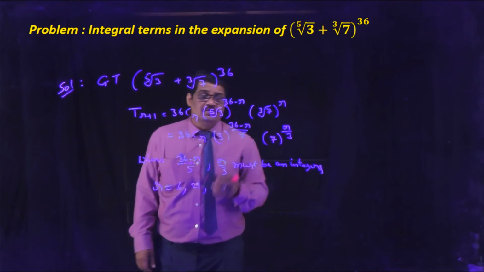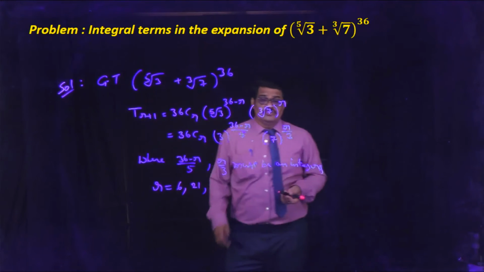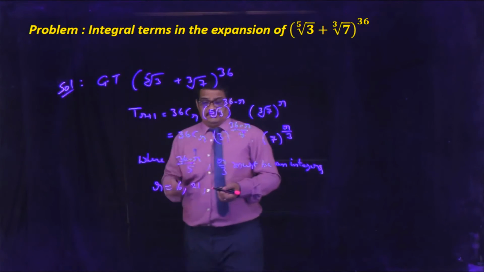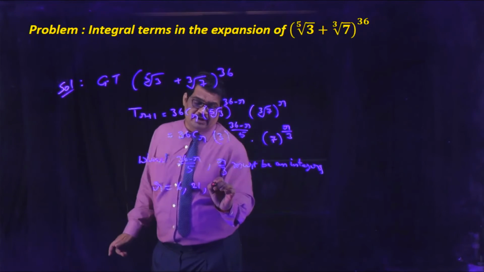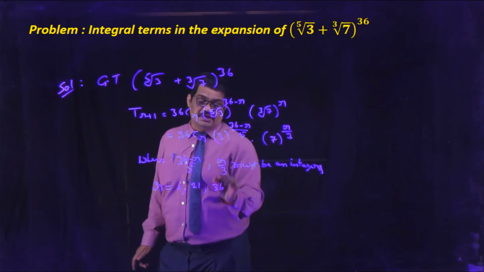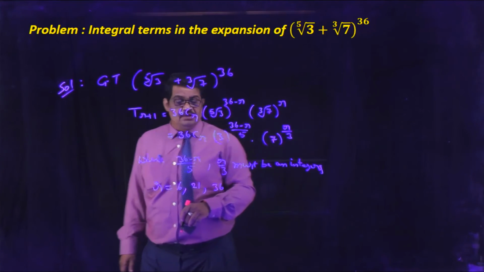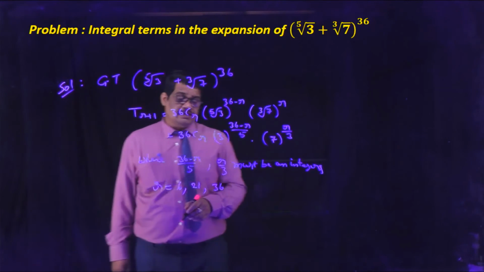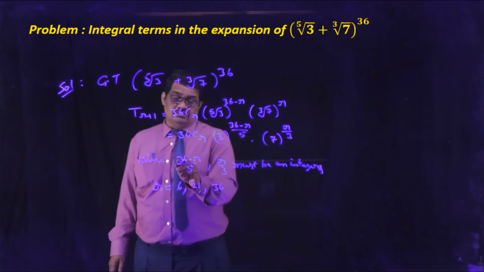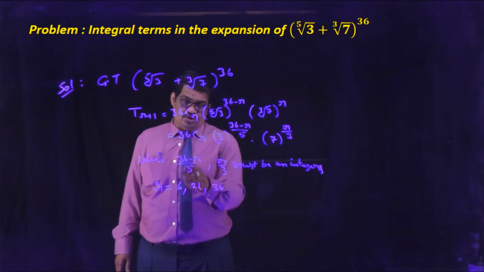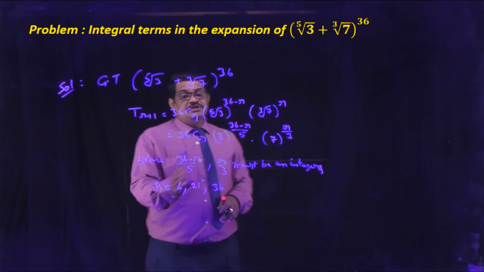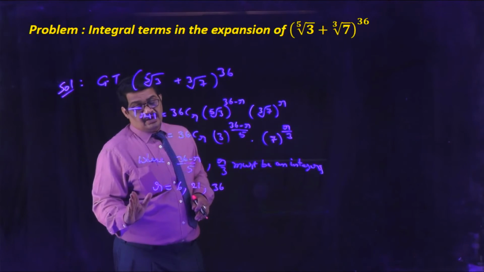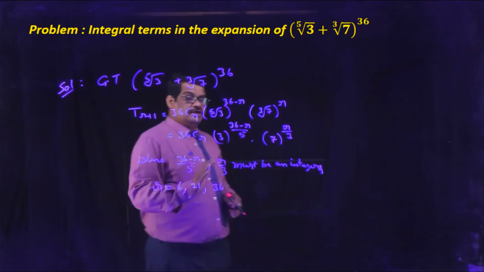Then after verifying, 36 is the last possible value. Here 36 by 3 is 12, and 36 minus 36, that is 0 by 5, is also an integer. These two are integers, so we take R equal to 6, 21, 36.